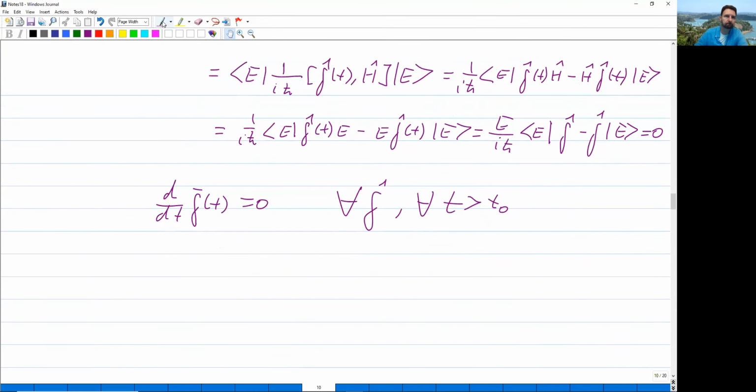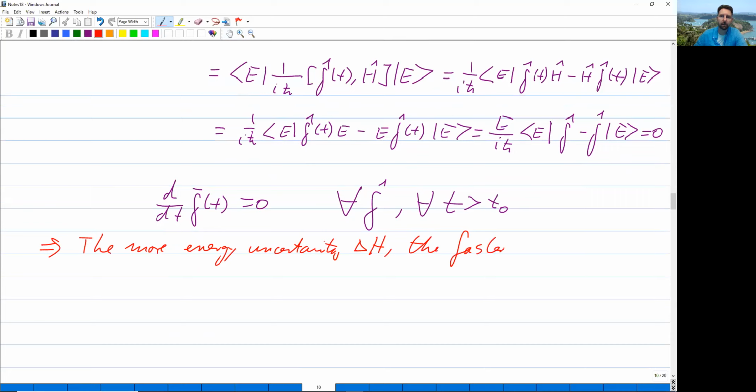So what we notice is that the more energy uncertainty, delta H, the faster the dynamics of an isolated quantum system can be.